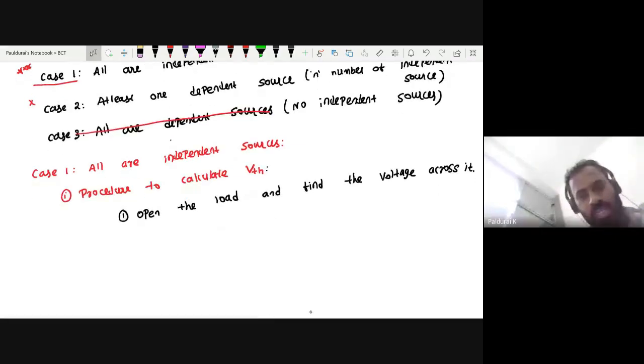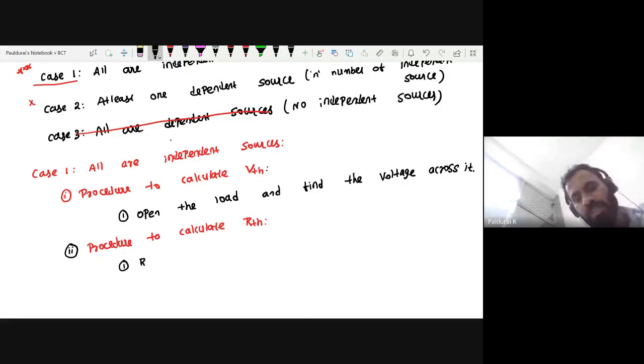Now, what is the procedure to calculate RTH? Here the very first point: if you have an independent voltage source, replace the independent voltage source by a short circuit.